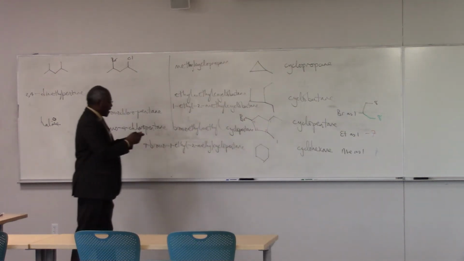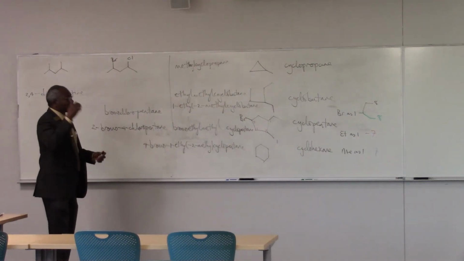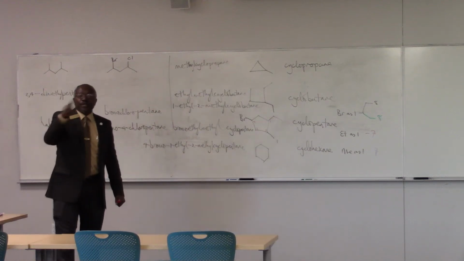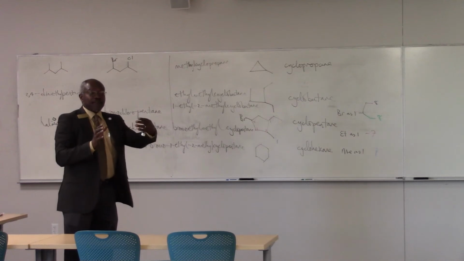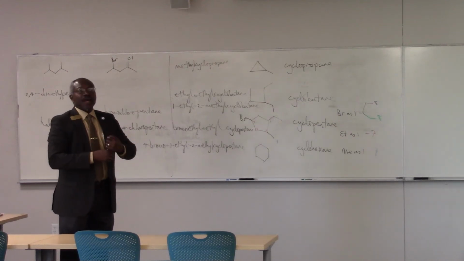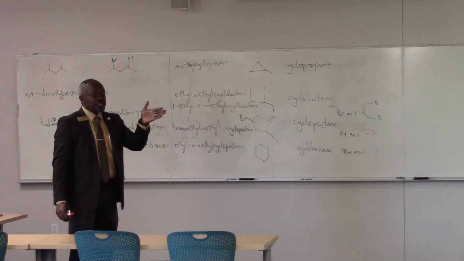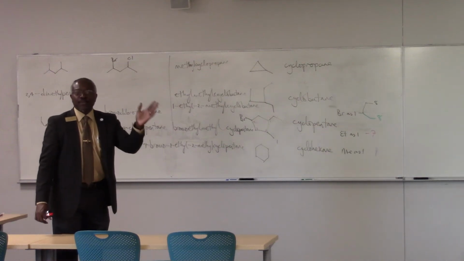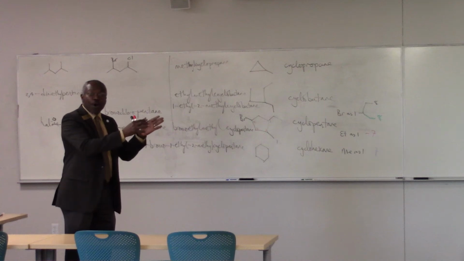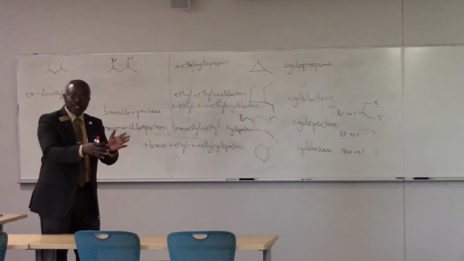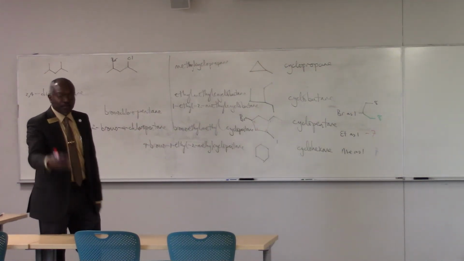Okay, so in numbering, I'm looking for the smallest sum of the locants. And if I've got two sums that are the same, I want to give the first substituent the lowest possible locant. And then if it's a wash, I want to give the second substituent the lowest possible locant, and so on and so on.